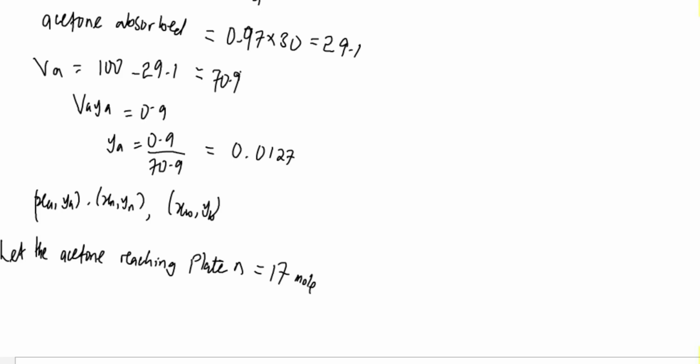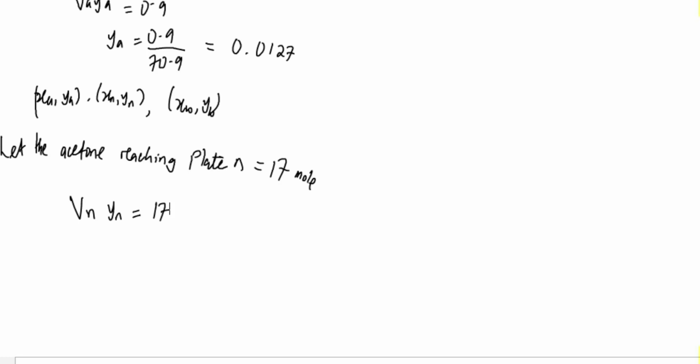So my acetone in the vapor phase now, VNYN, is equal to what? 17. This is what I mean by all the explanation I did from the diagram. VNYN to be 17.